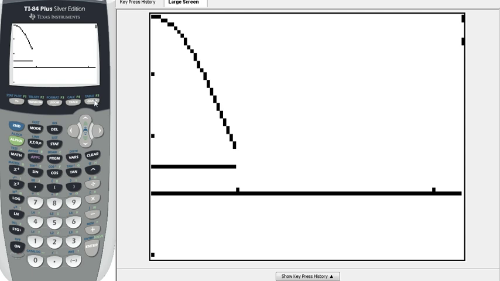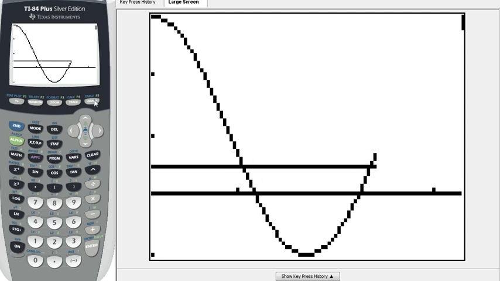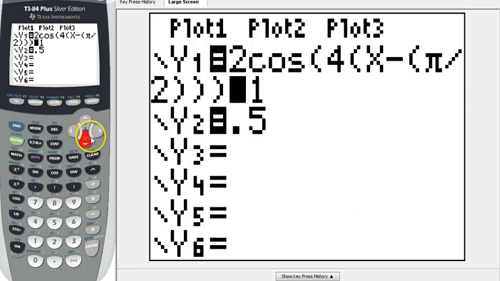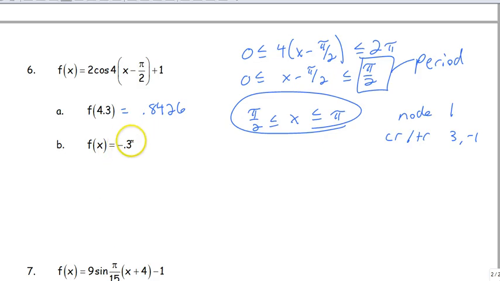Remember, it's cosine, so it'll start out. Oh, and ignore that line. That was from the last problem. So it goes down, and then that is a perfect cosine cycle right there. So I want to know what the values are when y is equal to negative 0.3. So remember, this is y now. I don't want that to be x.